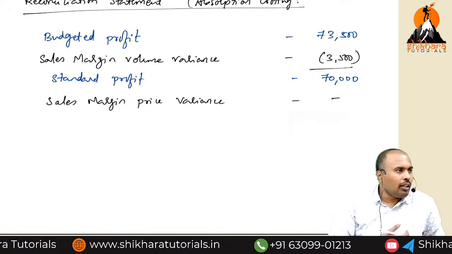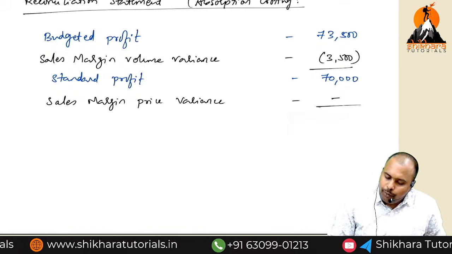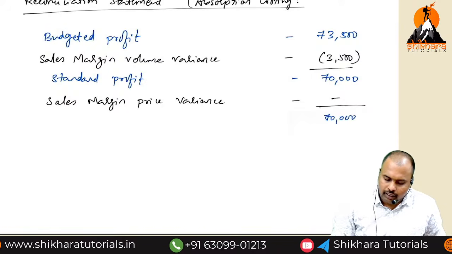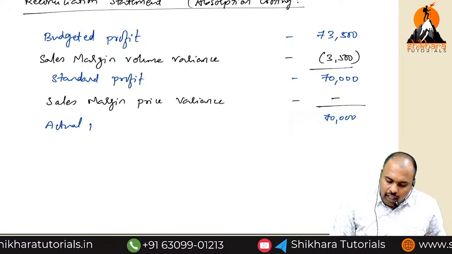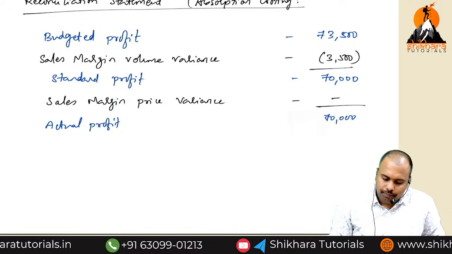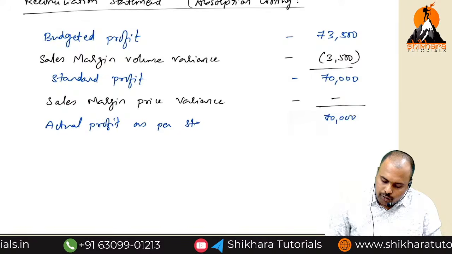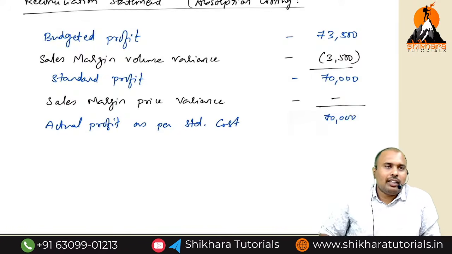And actually there is one name for this one. If you want, just to understand, in examination you don't require to write. This is actual profit as per standard cost. This is called actual profit per standard cost.